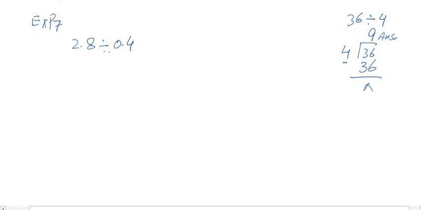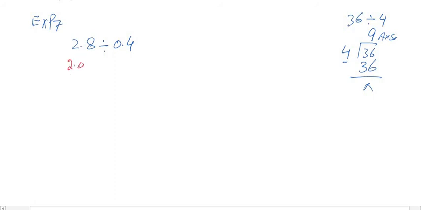Similarly, we are given decimals here, and we just remove the decimal. How can you remove the decimal? See how many digits are after the decimal in the first number and in the second number. We multiply by tens according to how many digits are after the decimal. Here in the numerator and denominator we have only one decimal digit, so I'm going to multiply up and down by 10.